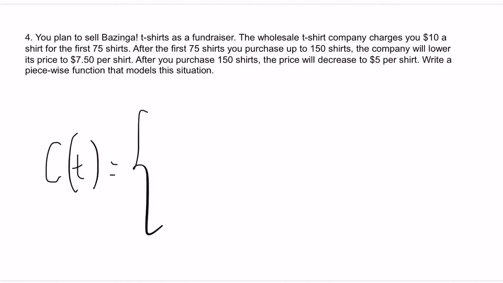For the first 75, so 0 to 75, we have 10 times T, of course, because it is $10 a shirt, so per shirt. After the first 75 shirts, you purchase up to 150 t-shirts.